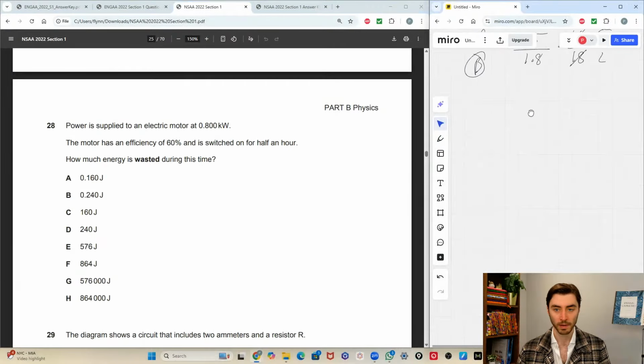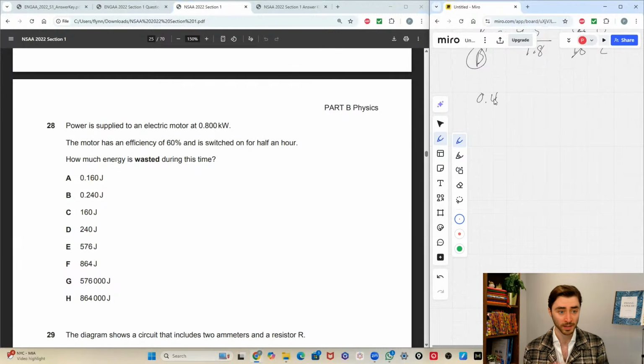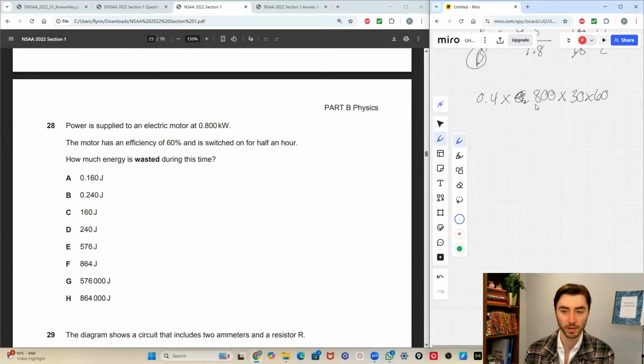So here, power supply, electric motor, 60% efficient. How much is wasted? Well, 0.4 of that is wasted. So waste is 40% of that power. Half an hour is 30 minutes times 60 seconds.